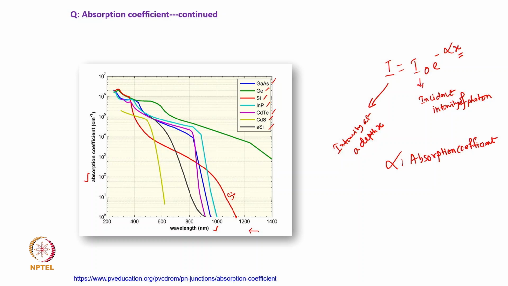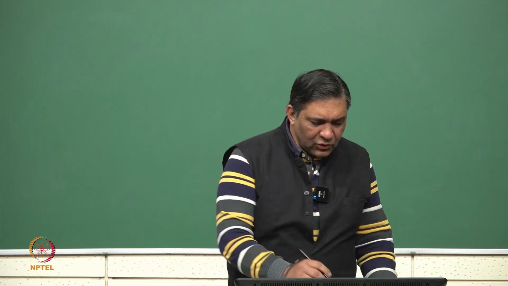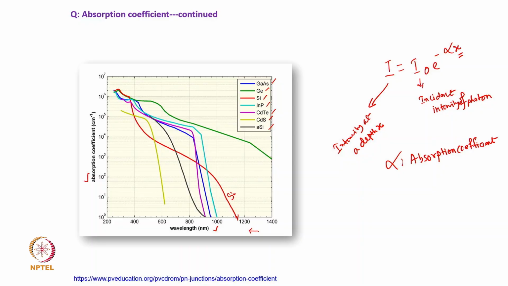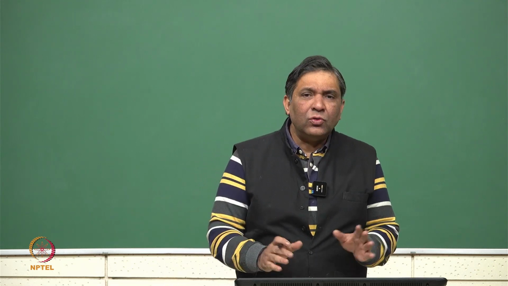It means there is a band gap energy which gives the threshold I discussed, E photon equal to E G, and after that the light starts getting absorbed inside silicon, and it is higher and higher when we go to lower wavelength.